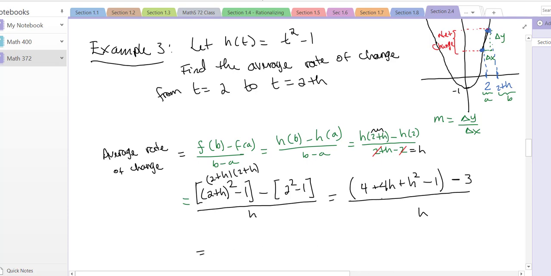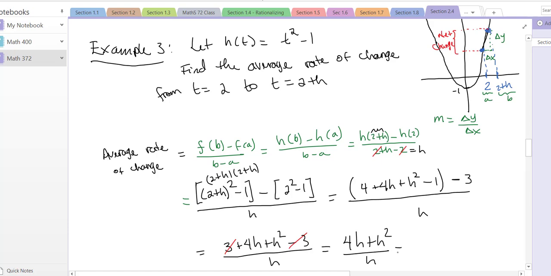And simplifying some more, combine like terms. On the inside here, 4 minus 1 is 3. So I have 3 plus 4h plus h squared minus 3, all over h. And combining like terms again, 3 minus 3, those cancel. And we're left with 4h plus h squared over h.